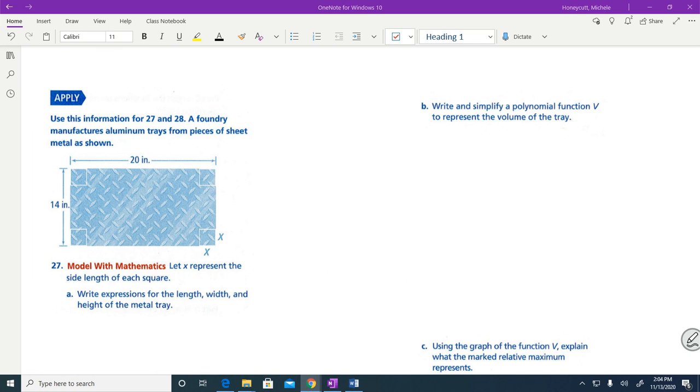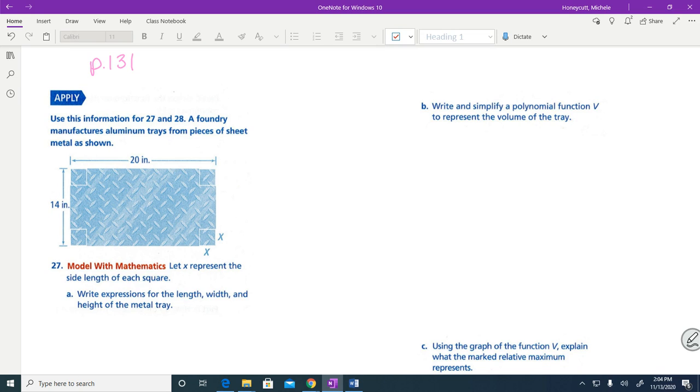So now let's do a word problem. Turn to page 131. So we have a manufacturer, a foundry manufactures aluminum trays from pieces of sheet metal shown. Here it is.